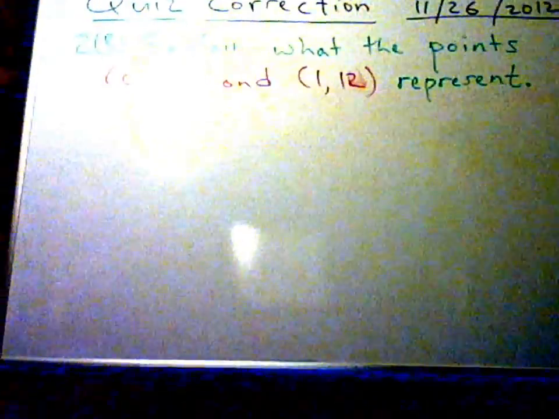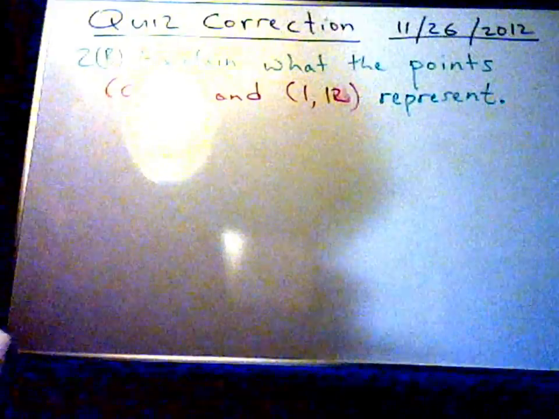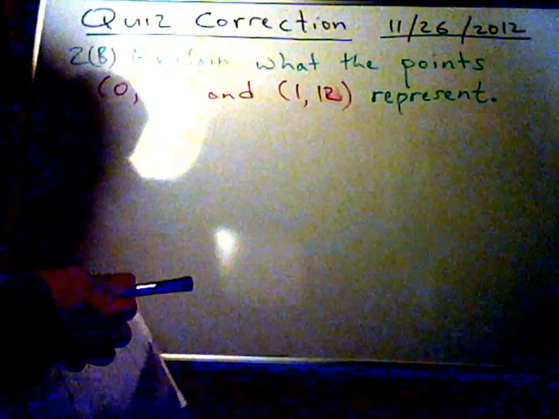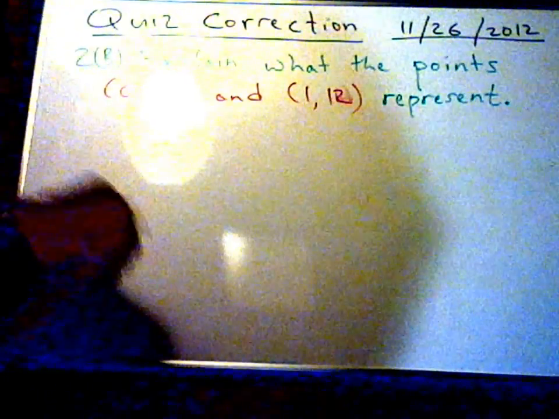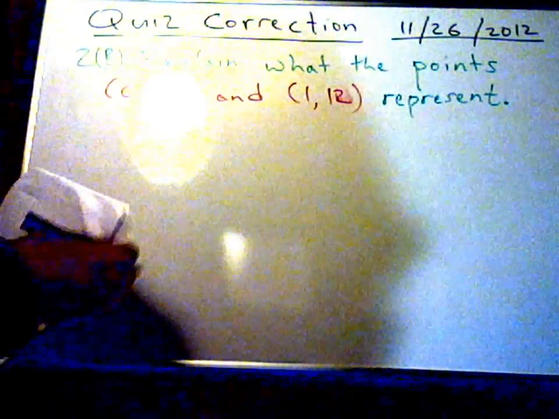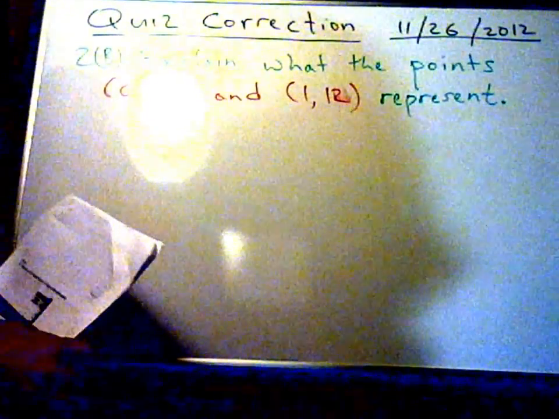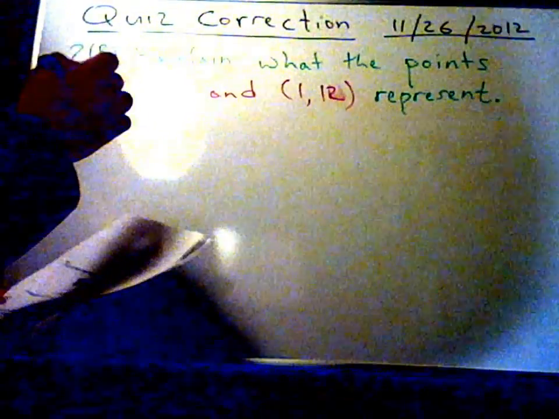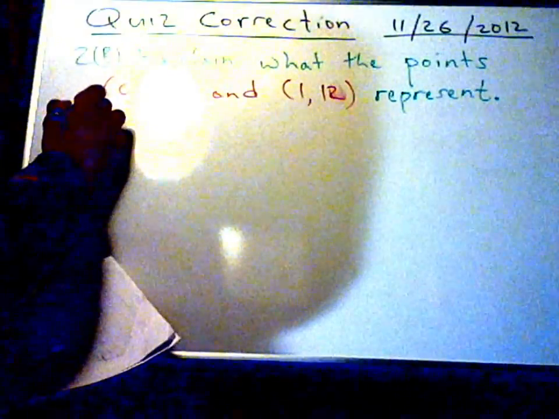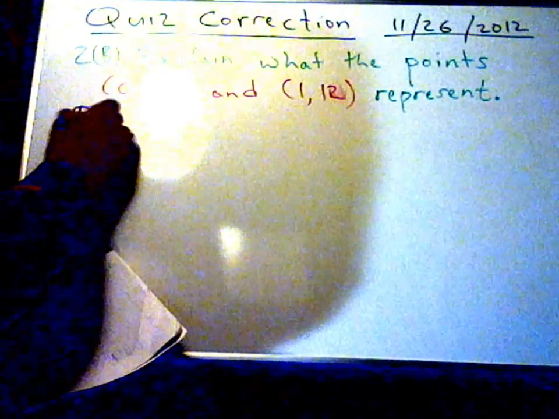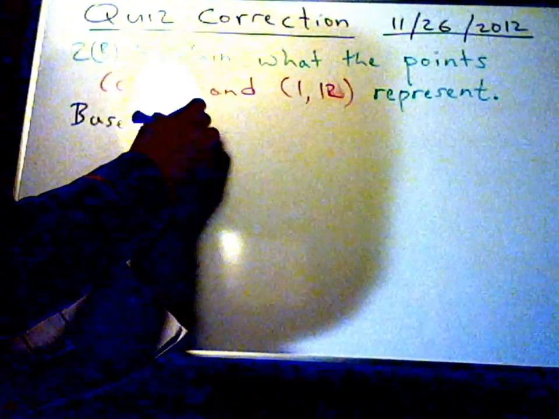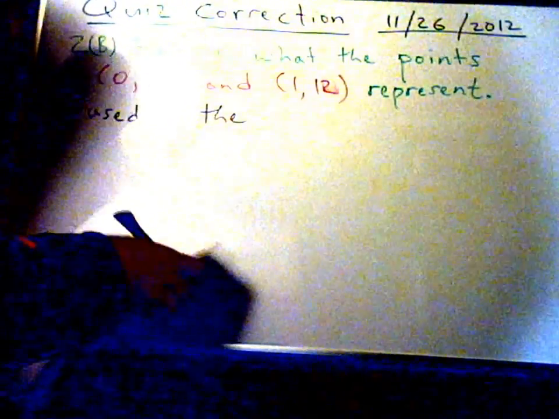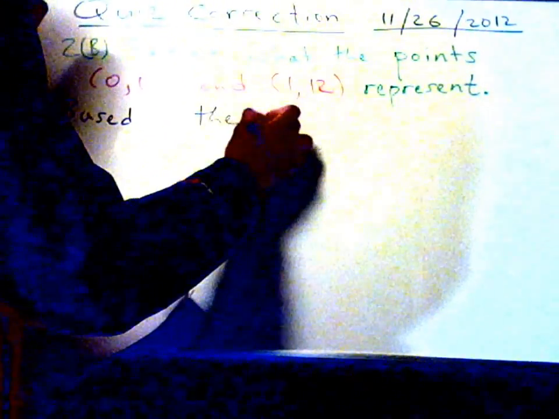Now, we all know what this means. We know that (0, 0) is the origin, and we know that the origin tells us something about proportionality. So your explanation will be based on the given table.